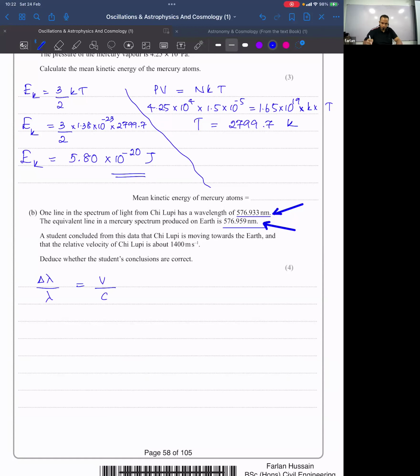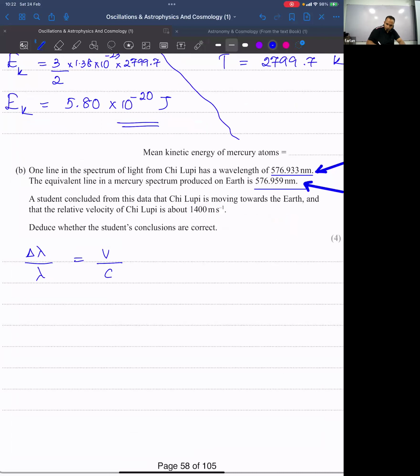Delta lambda is the change in wavelength, 576.959 minus 576.933, over the actual wavelength, 576.959, equal to v over c, where c is 3 × 10^8. This will tell you the v.